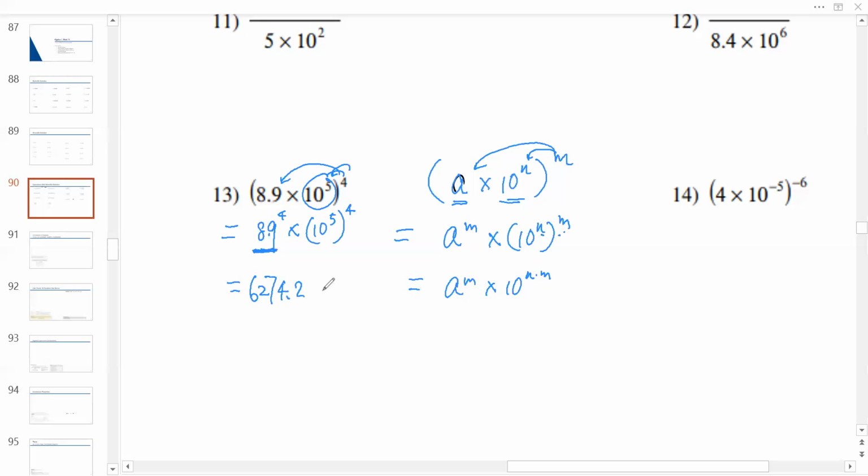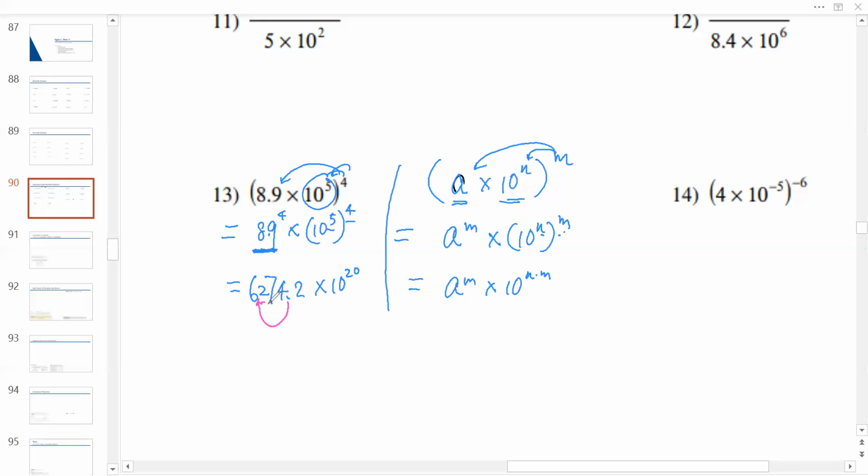Here, this part is 4 times 5, we get 20. We do a proper adjustment because of this decimal: we need to move it to the right, to become 6 point something.